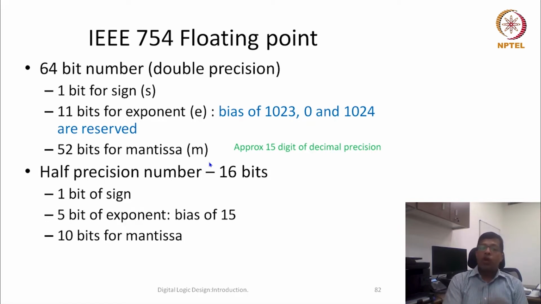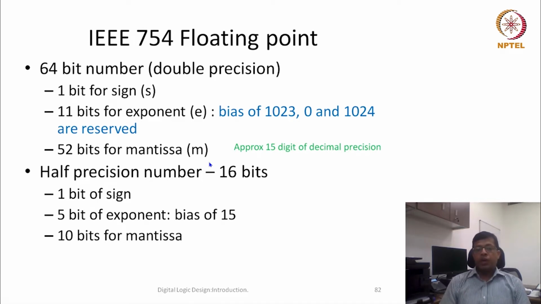In 16 bits, 1 bit would be given to sign, 5 bits would be given to the exponent with a bias of 15, and 10 bits for the mantissa. So the rest of the rules are the same as what we have discussed for single precision floating point numbers. Every rule is the same. So for example, here also exponents 31 and 0 are reserved for representing infinity and 0 respectively.